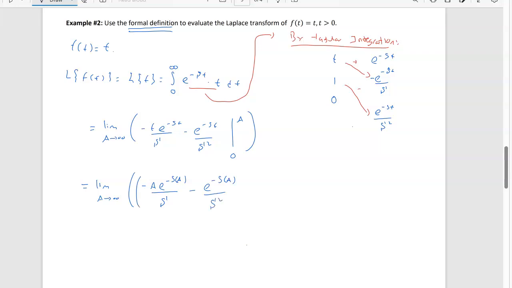This is technically the first term minus, and when we evaluate the 0 term, this one's going to go to 0, so I'm just going to put a 0 there. And then we technically have the minus e to the negative s times 0 divided by s to the second.